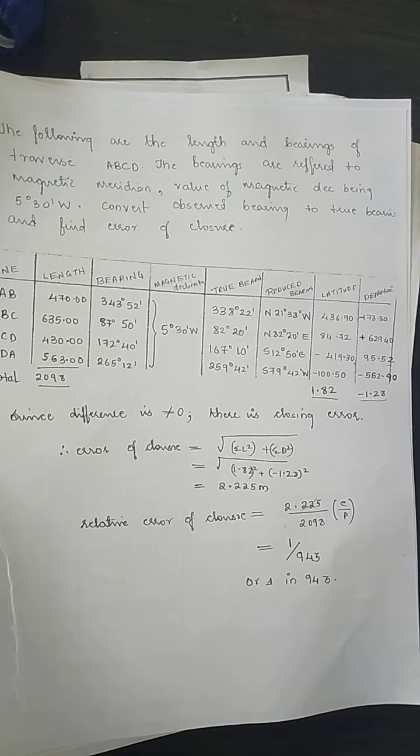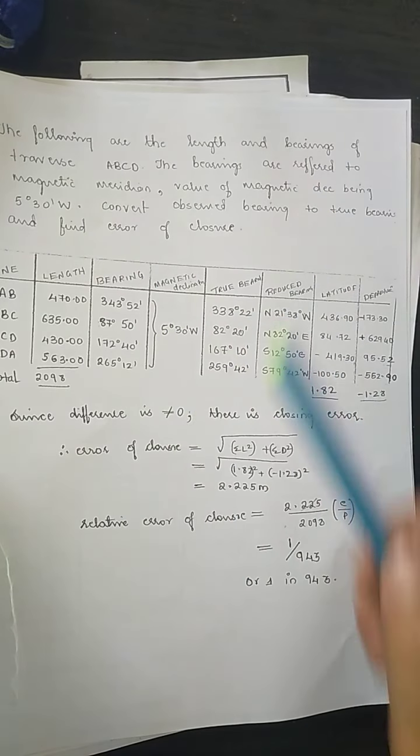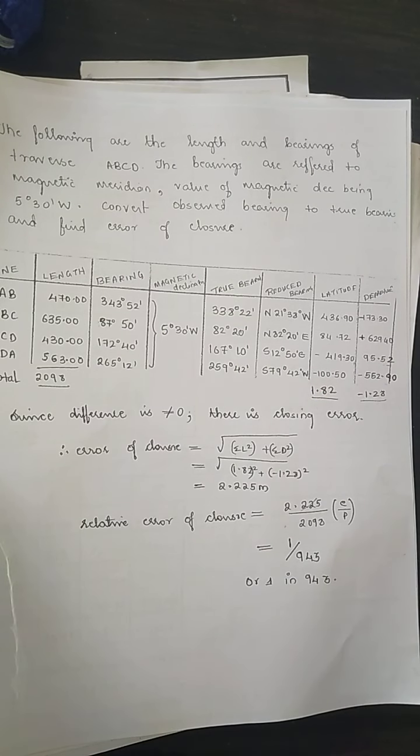You first need to find out, and here they have mentioned that there is a magnetic declination of 5 degree 30 minutes. So whatever bearings you have got, you need to apply the correction for those magnetic bearings. Length, bearing, latitude and departure will be given to you, and since a magnetic declination is given, you need to apply the correction.